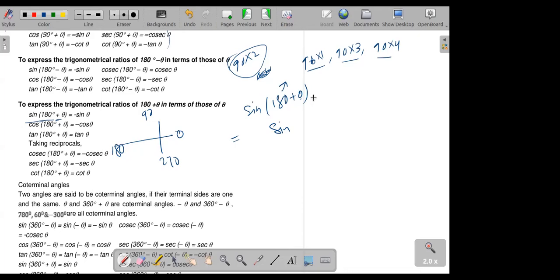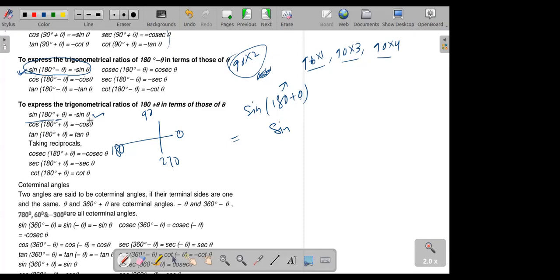Which point? The one about expressing the trigonometrical ratios of 180 degree minus theta in terms of those of theta. This one, yes. So sine 180 minus theta is also minus sine theta. Sine 180 plus theta is also minus sine theta.